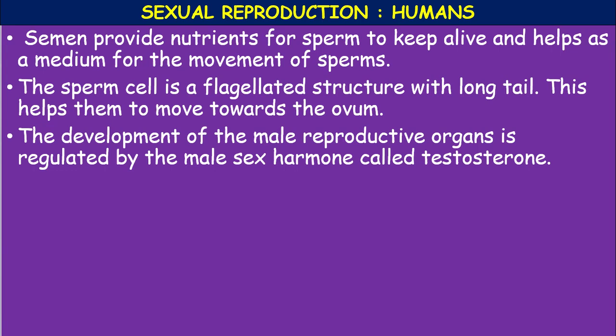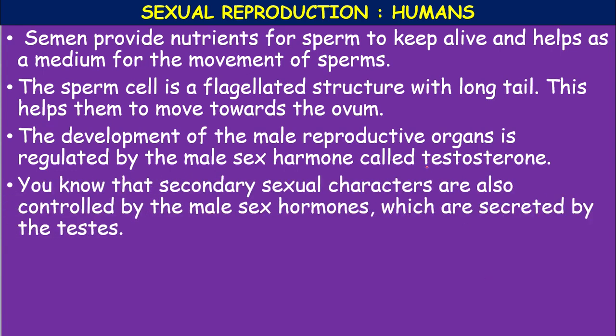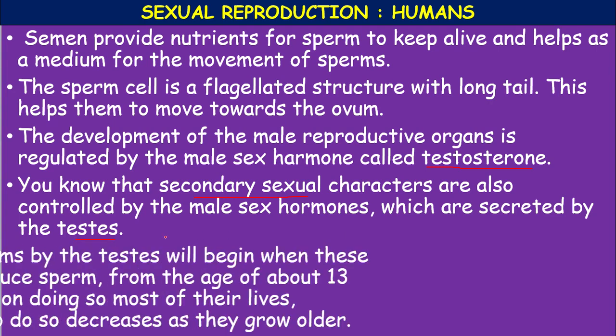The development of the male reproductive system is regulated by the male sex hormone, that is testosterone. Okay, the male sex hormone produced by the testes also controls the secondary sexual characters.